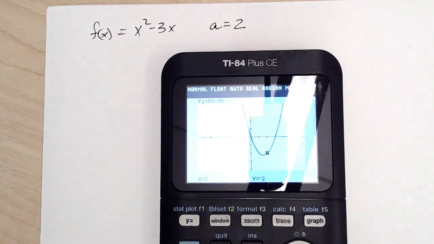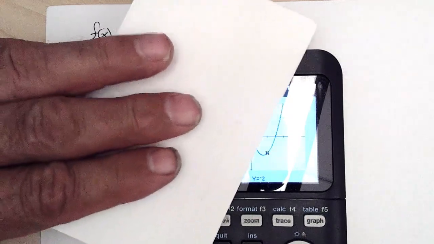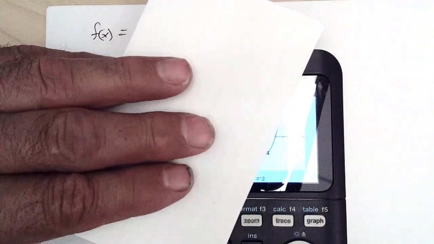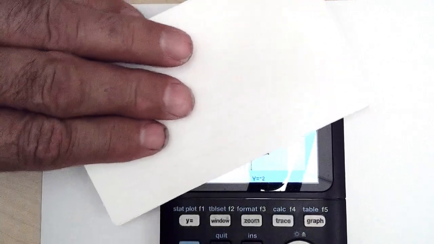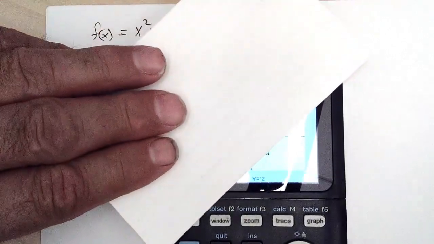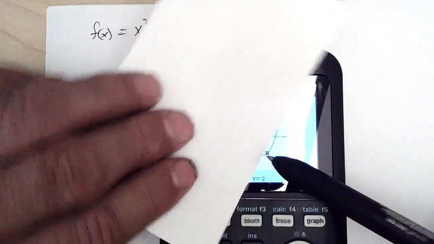To do that, I'm going to lay a card over this. I wish this was bigger for you, but it's kind of small on this calculator screen. I'm trying to get this card to look like a line that touches the curve at one point right there. This way it touches 2 points.